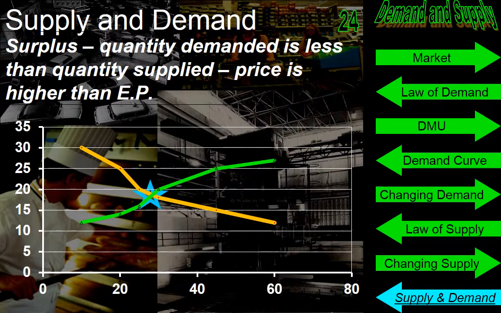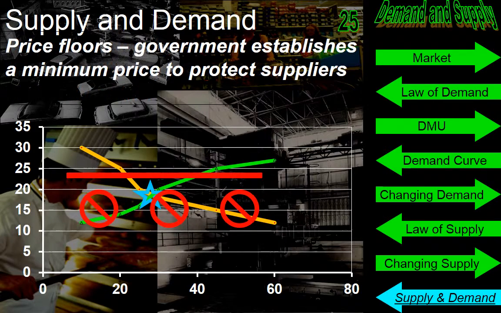But let's say that the government gets involved, and the government does get involved in several different ways in order to affect supply and demand, generally for a political reason. Sometimes the government will establish a price floor, which says that this will be the minimum price that you are allowed to charge for a particular item. What happens when we have a price floor?